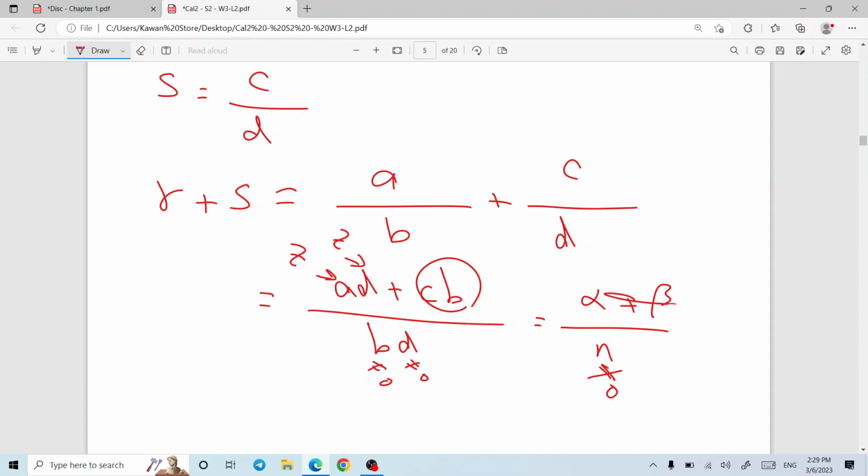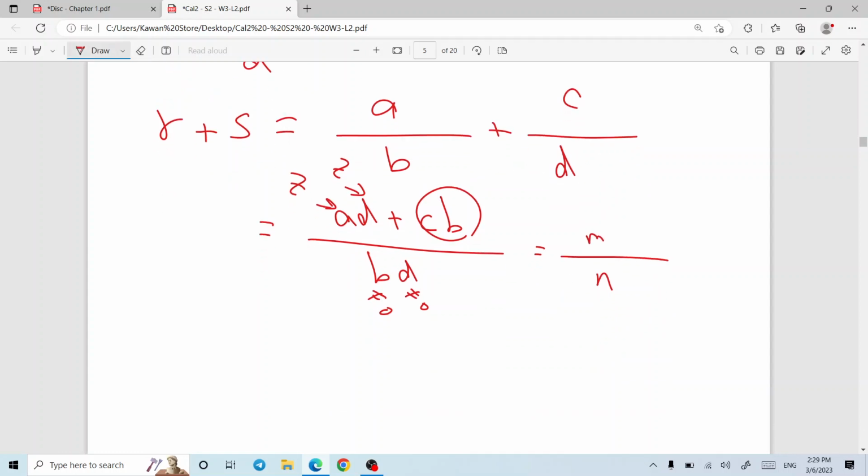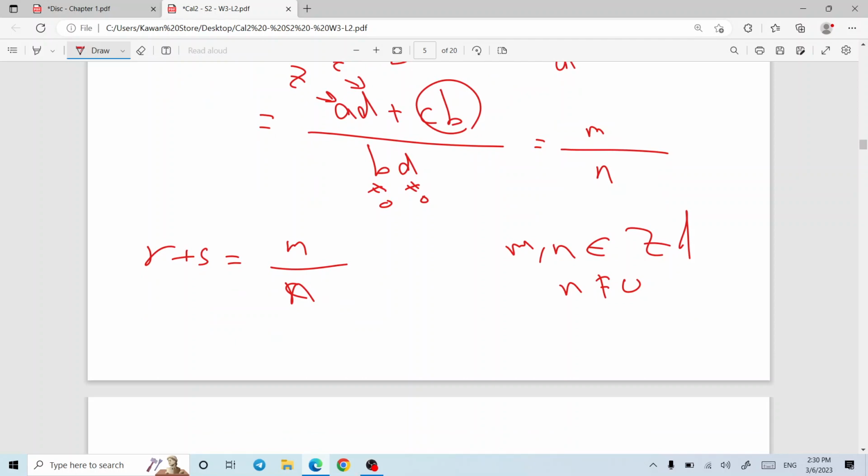So I'm going to write M. So now R plus S is equal to M over N, where M and N belong to the integer numbers and N is not equal to 0. We proved it. That means R plus S belongs to Q. Do you have any questions? It's easy, right? Just need to work.